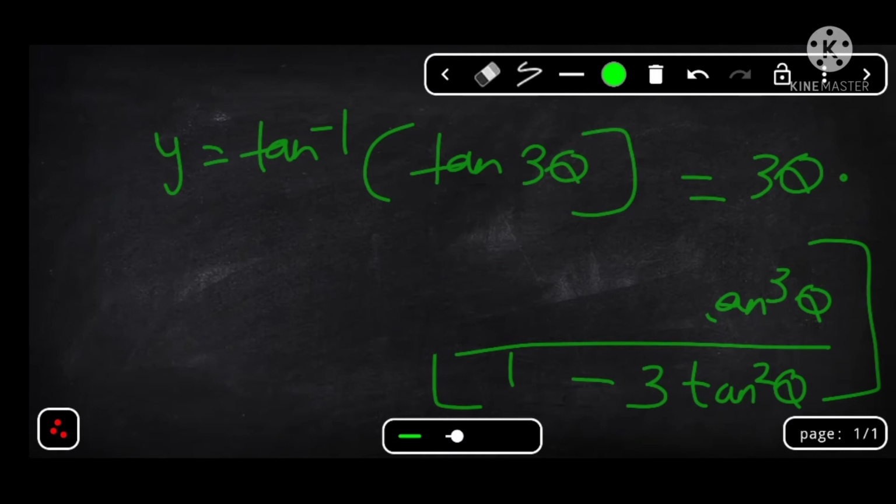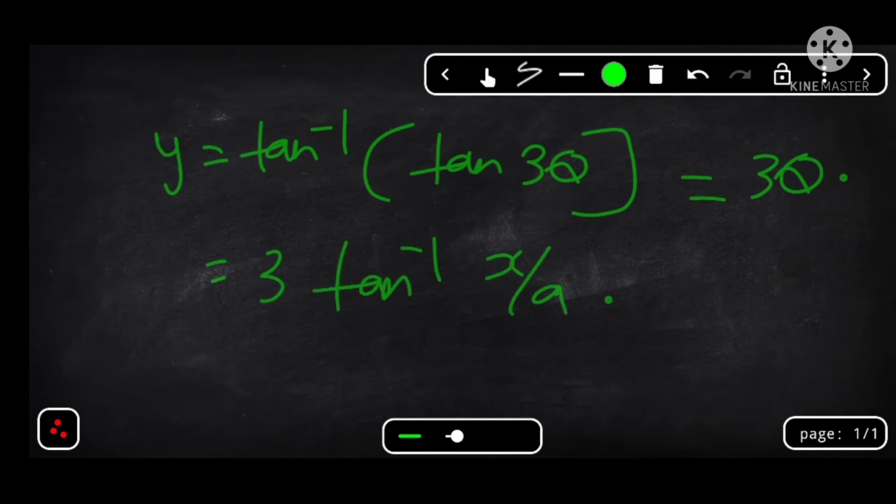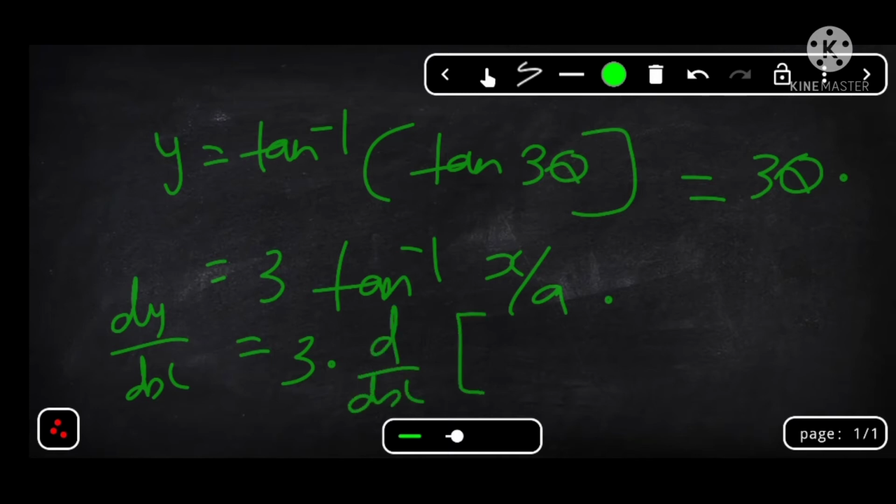Now we need to differentiate, right? Still we didn't start the differentiation. So we have theta value with us, that is tan inverse of x by a, right? Yes. Now we can differentiate. So dy by dx equals 3 into d by dx of tan inverse x by a.